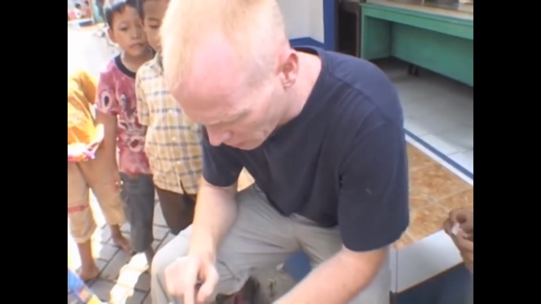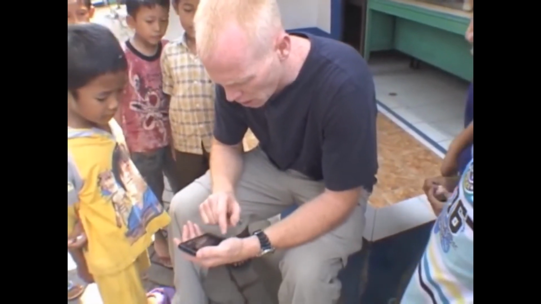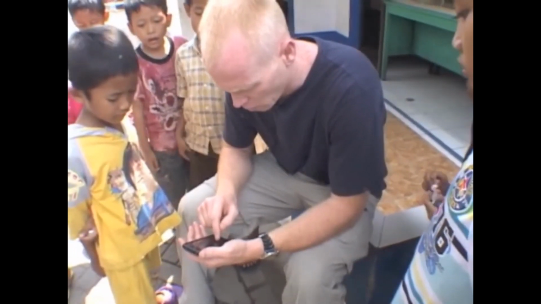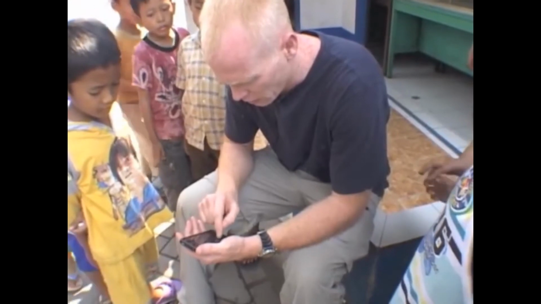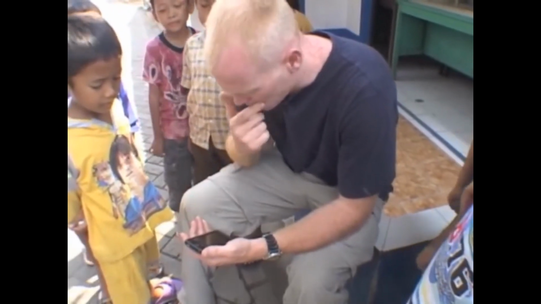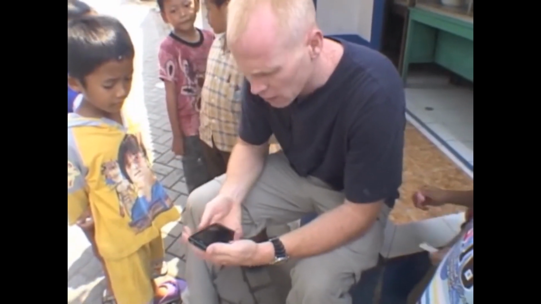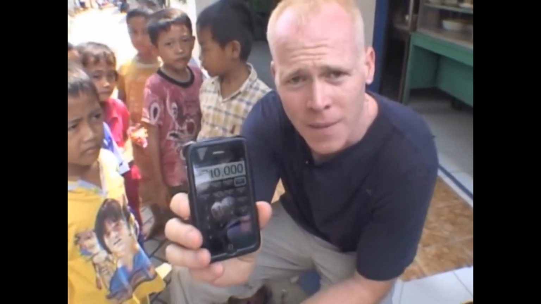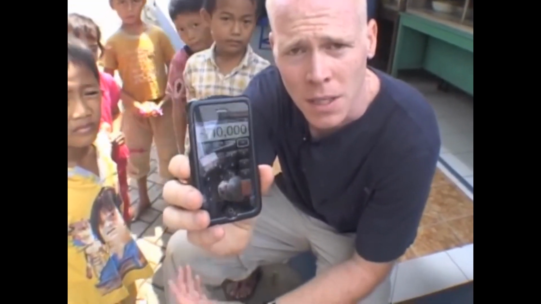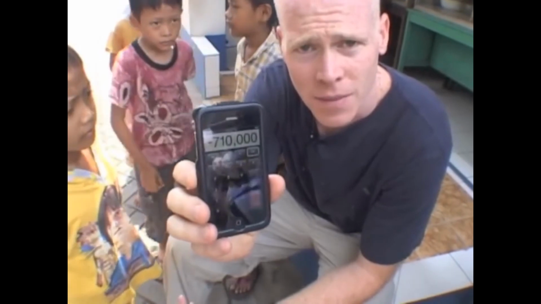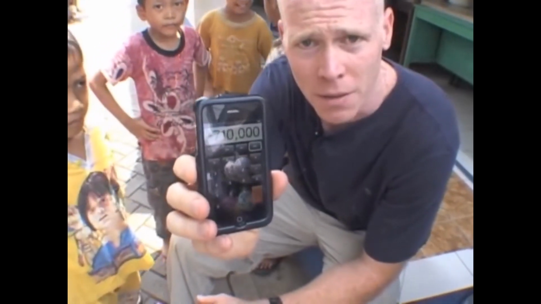If we subtract that 575,000 from the basic wage of 1,285,000, that leaves workers with 710,000 rupiah to meet their basic needs beyond those three expenses for the rest of the month.